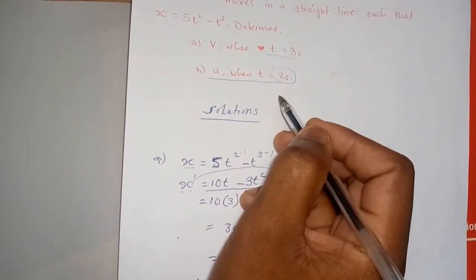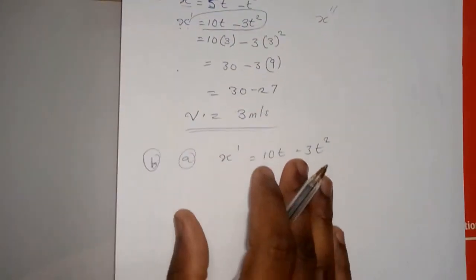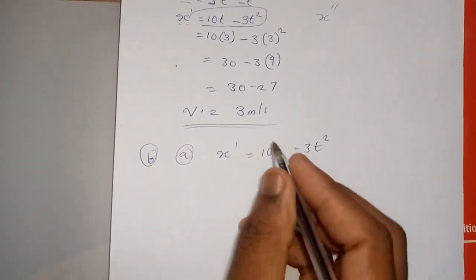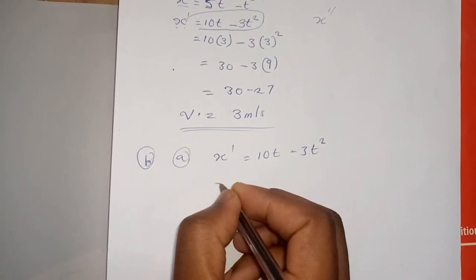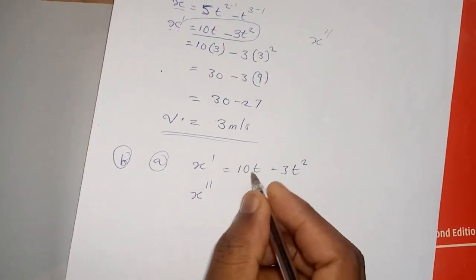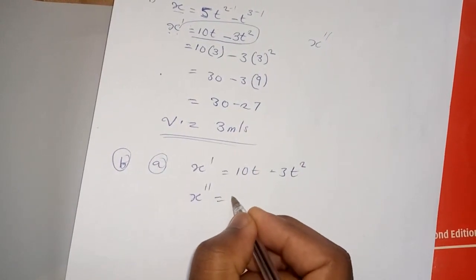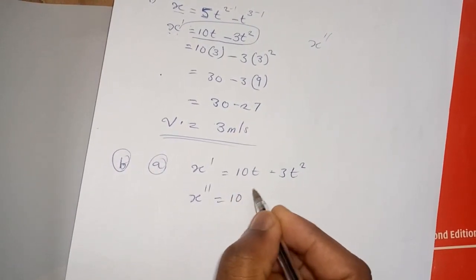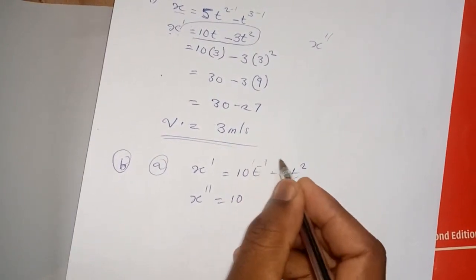So wherever t is, we are going to replace it with 2 instead of 3, like we did in question A. So for us to have x double prime, we're going to differentiate this. So this is going to be 10 without a t, because there is already 1 here, so 1 minus 1.